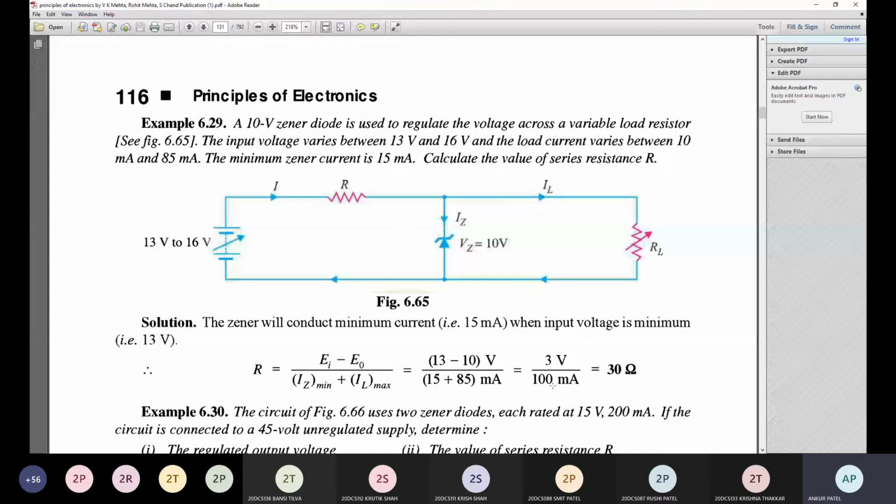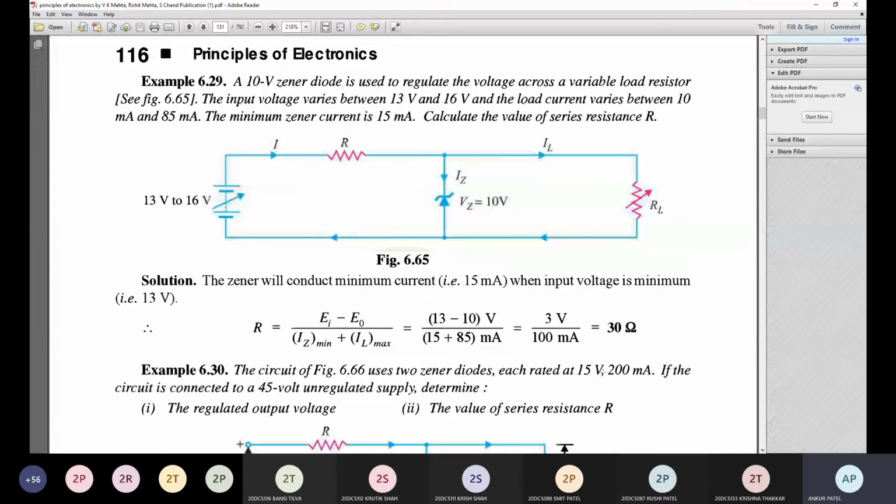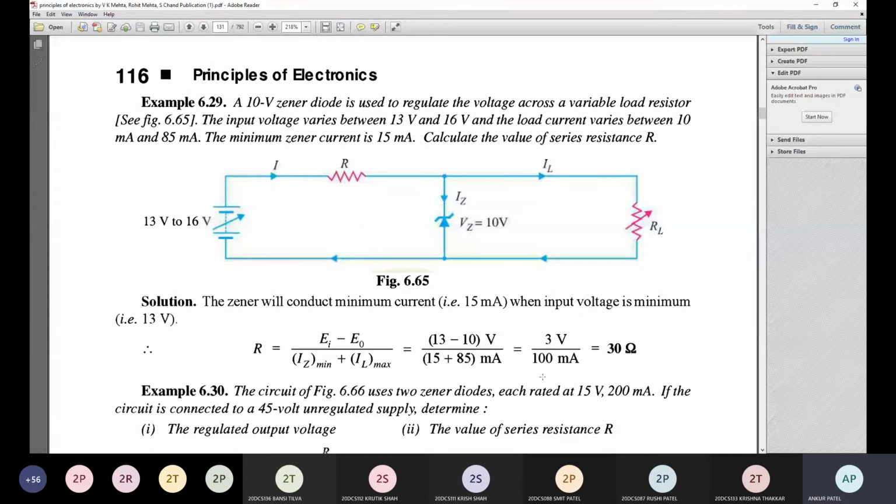So 3 by 100, that is 30 ohm. We are getting the 30 ohm answer here. This is the condition through which you get this series resistance of 30 ohm, by considering IZ minimum and IL maximum.